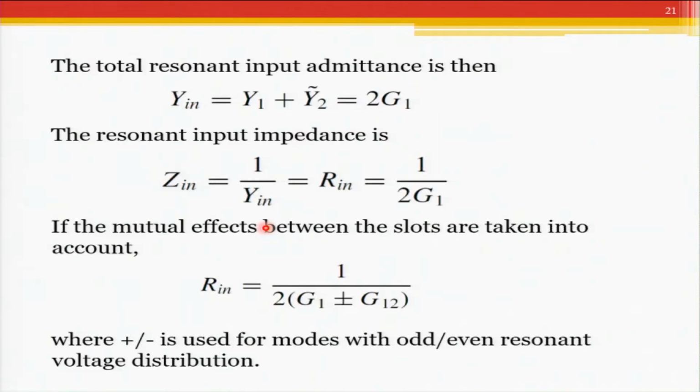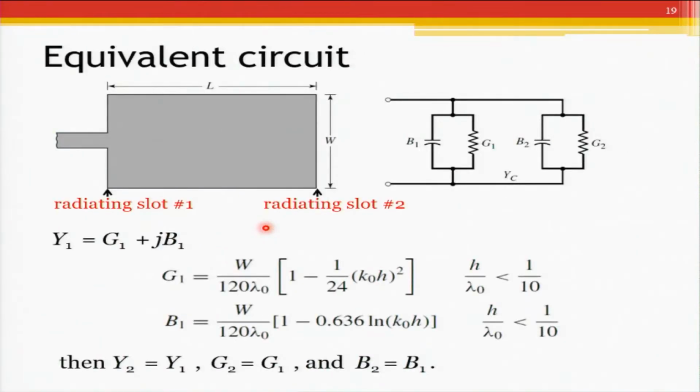So we need to understand the concept of the equivalent circuit. Again, if we assume the antenna as a transmission line, the radiating slot at the opening is here, and the radiating slot at the end of the terminal of the antenna is here.